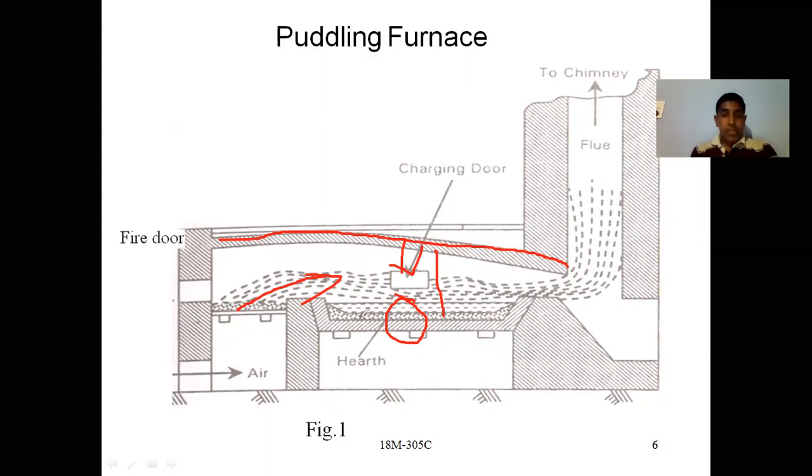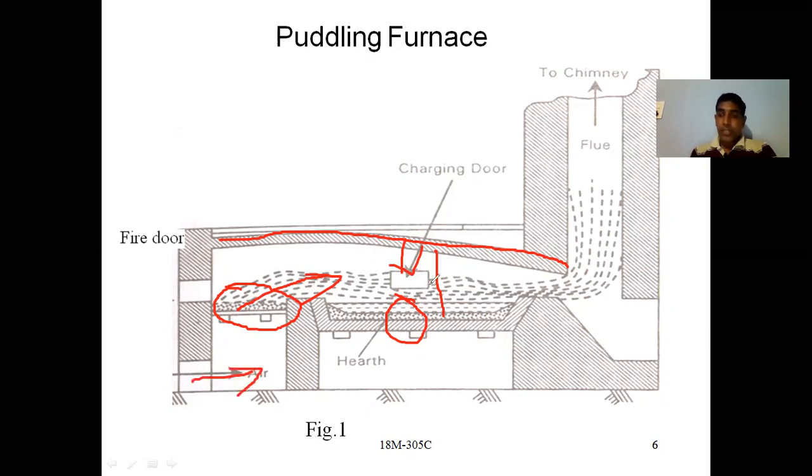If you see, from this charging door you are sending the pig iron, and from here the coke is fired and you will get heat. Because of that heat, your pig iron will be melted, and from here you are sending fresh air.